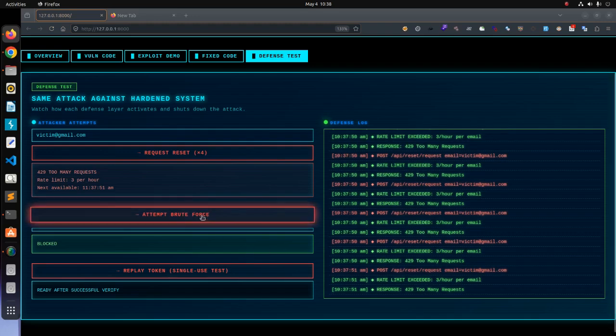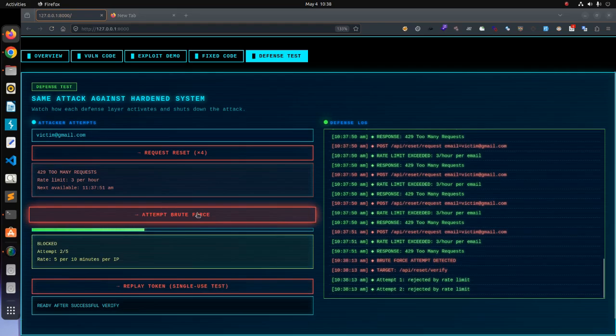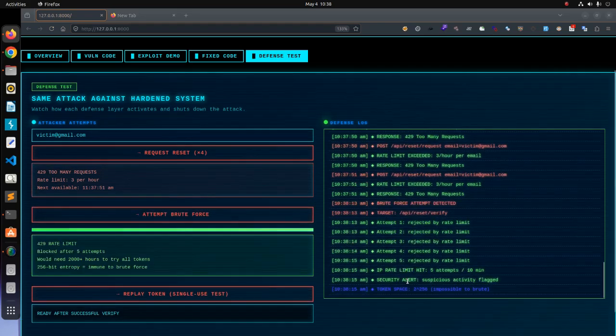Now I try to brute force. After 5 attempts, the system blocked me, and look at the token: it is 256 bits of cryptographic randomness.